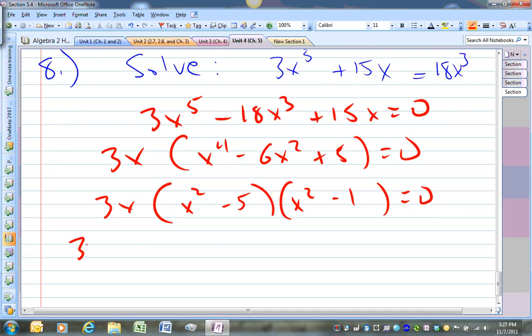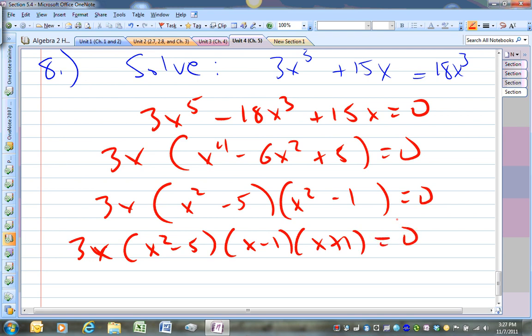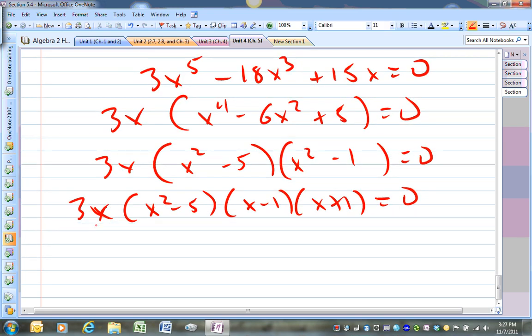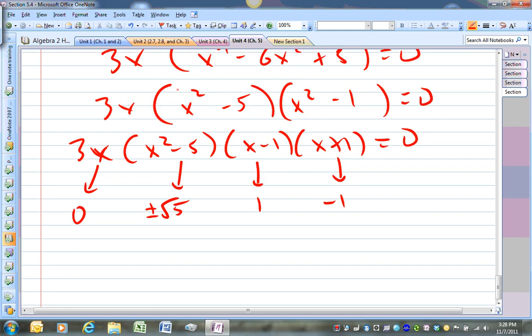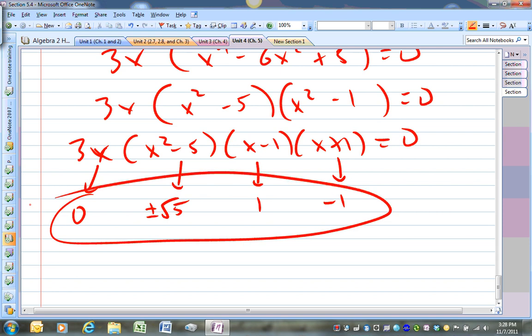Break it down even a little bit more, because x squared minus 1 is x minus 1 times x plus 1. And then you can get 4 answers. Actually, sorry, you get 5 answers: 0, plus or minus root 5, 1, and negative 1. And the reason we get 5 answers is because we had degree 5, so we do expect 5 answers. So those are your answers right there.